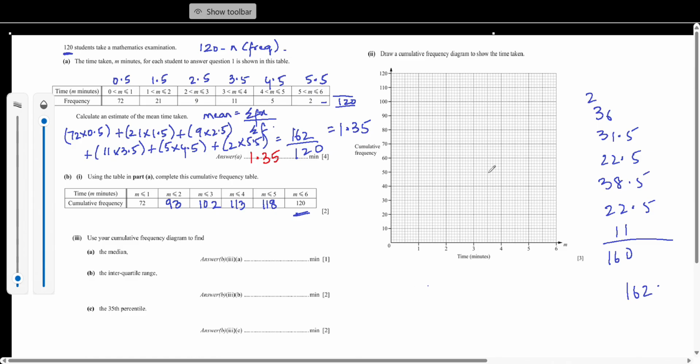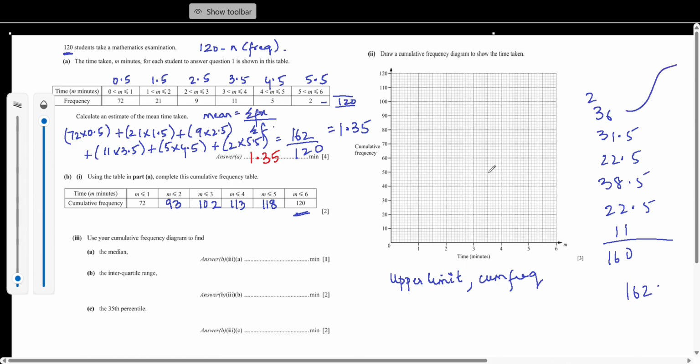So the plot is the upper limit of the interval for the x, comma, the cumulative frequency. If you look at it, the frequency goes up and down, it will change, so it's going to be zigzag if we try to plot.